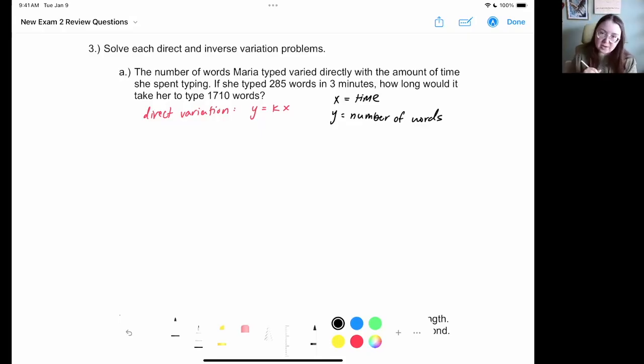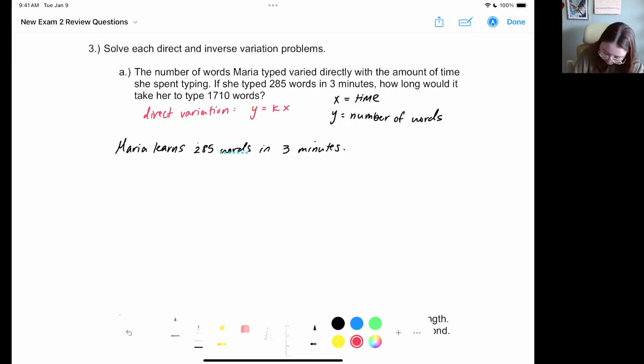So if this is our equation and we know that x is time and y is the number of words, we're being told that Maria types 285 words in 3 minutes. Now we don't know her rate, but we know that the 285 words, that's your y, and your 3 minutes, that's your x.